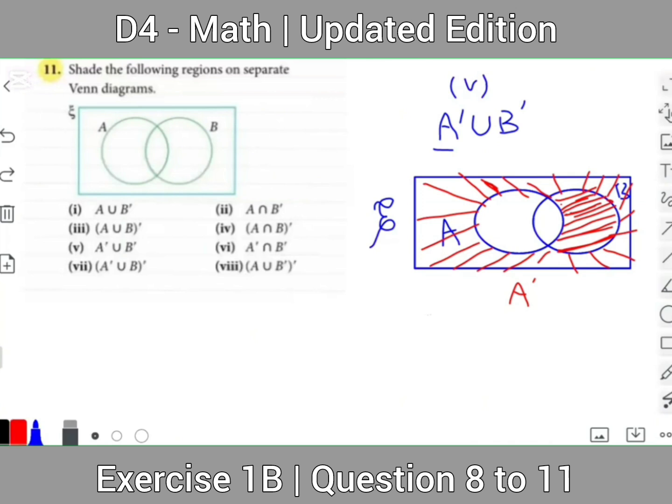Now we have to find out B complement. For this, we will draw another rectangle for the universal set eta.